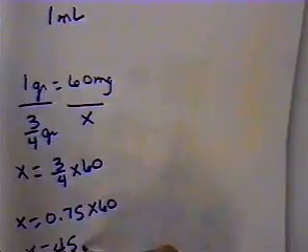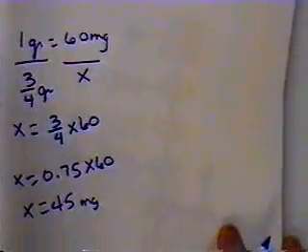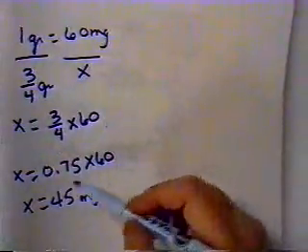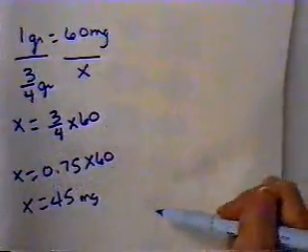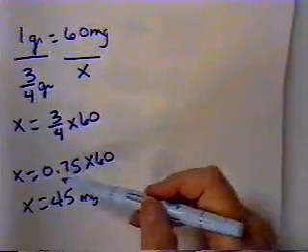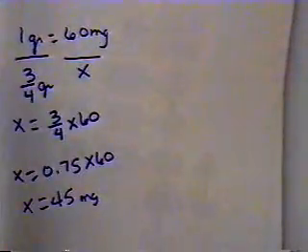You can multiply 3/4 times 60 and you'll get the same thing as 0.75 times 60. But I just took 3 divided by 4 so I can work with my calculator.